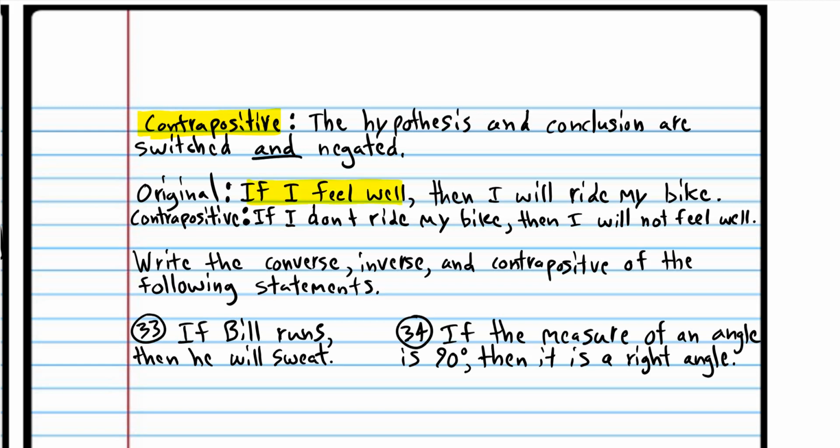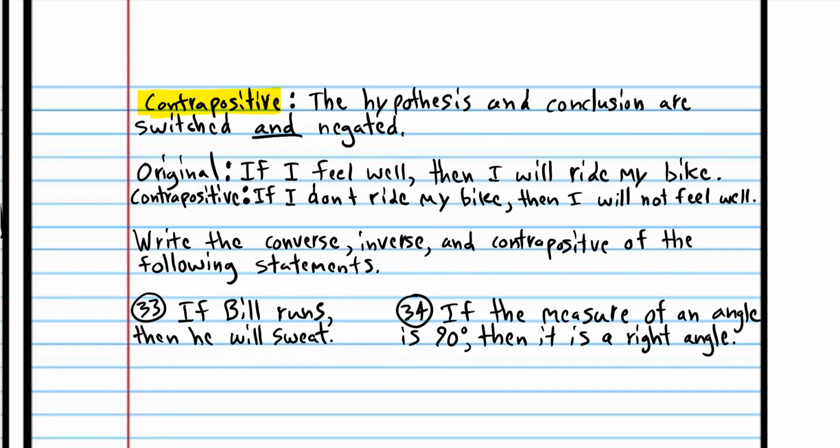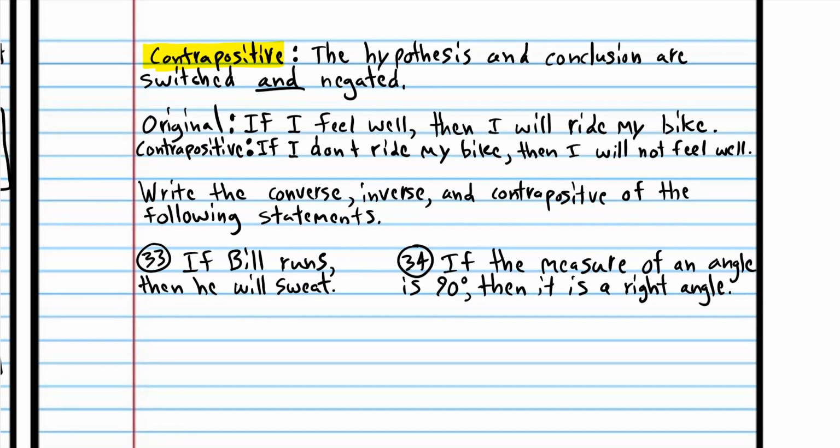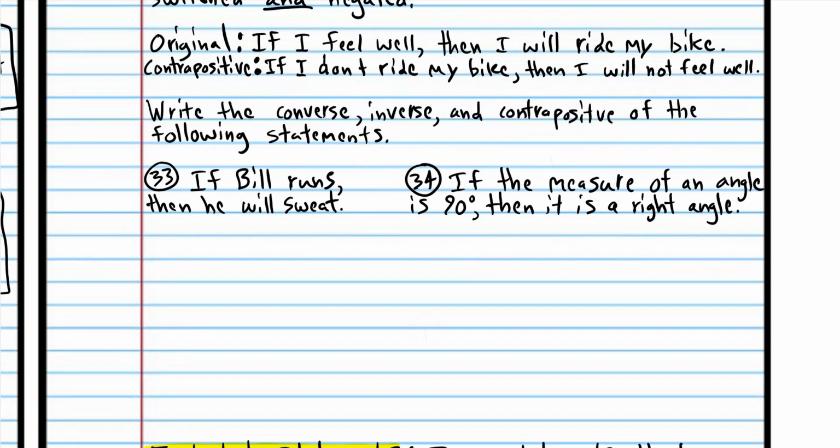So if I feel well changes to then I will not feel well. Okay? And I will ride my bike changes to I don't ride my bike. All right, so there's negation and switching. So if I feel well, then I'll ride my bike changes to if I don't ride my bike, then I will not feel well. So again, I know that seems pretty complicated, but it's okay.